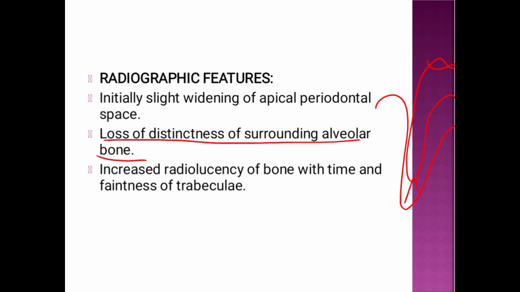It will be hard to distinguish between the granuloma or abscess and the bone. There is increased radiolucency of the bone with time, and the lamina dura will slowly become faint and light.